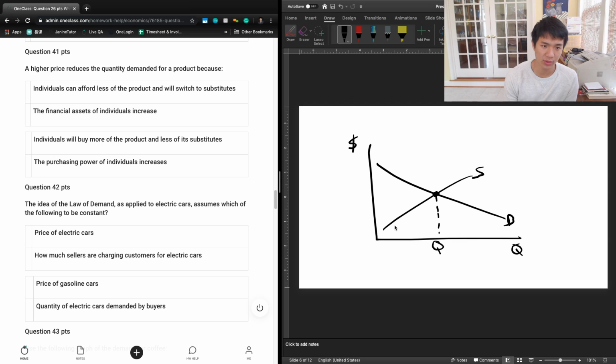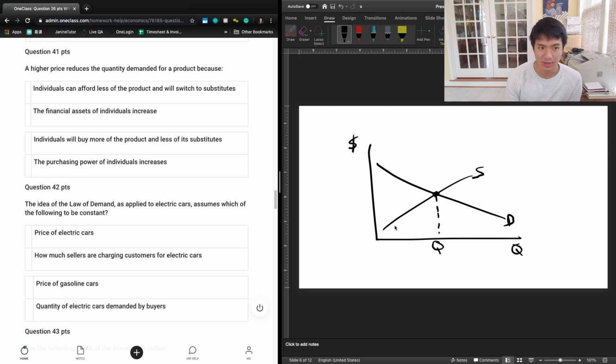A says individuals can afford less of the product and will switch to substitutes. If we hold income constant, individuals have the same amount of money to work with. By increasing the prices, you inherently make it so that individuals cannot buy as many units of this good as they could before. Let's say you have $10 and the price of apples is $1.